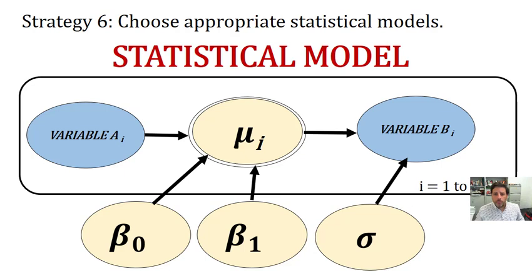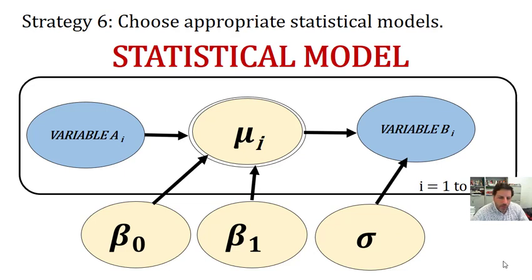So, for example, in this case, this is a fancy way of representing a regression model. Now, the parameter beta 0 is typically not very important, but it provides some important information. Parameter beta 1 is really important, it is the parameter that we are interested in. But parameter sigma is not that important.